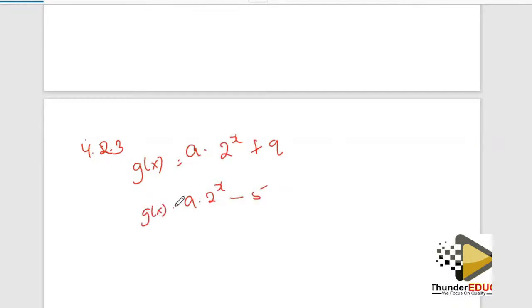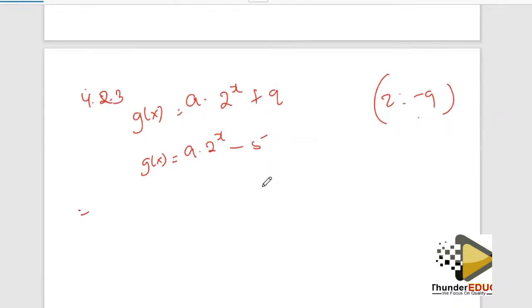Then we need just one point, which is the point we got as 2 and negative 9. I'm going to substitute it into this equation and get our value here. Where there is y, I'm going to put negative 9, because h of x represents y. This is a times 2, our x is 2, minus 5.